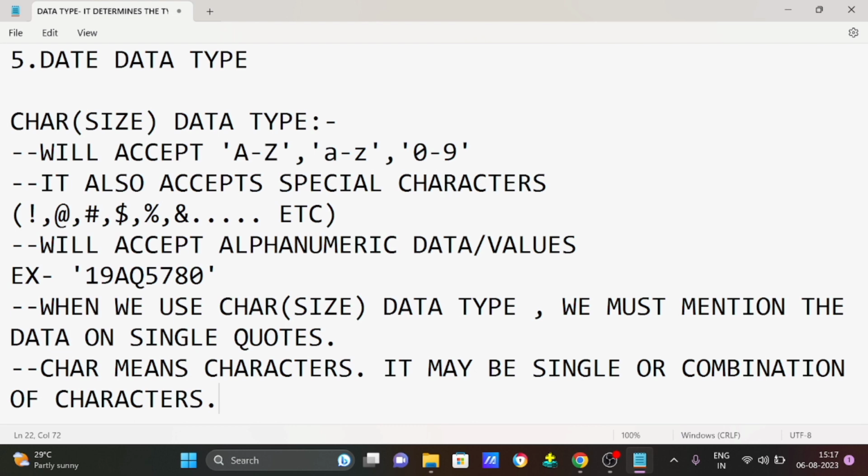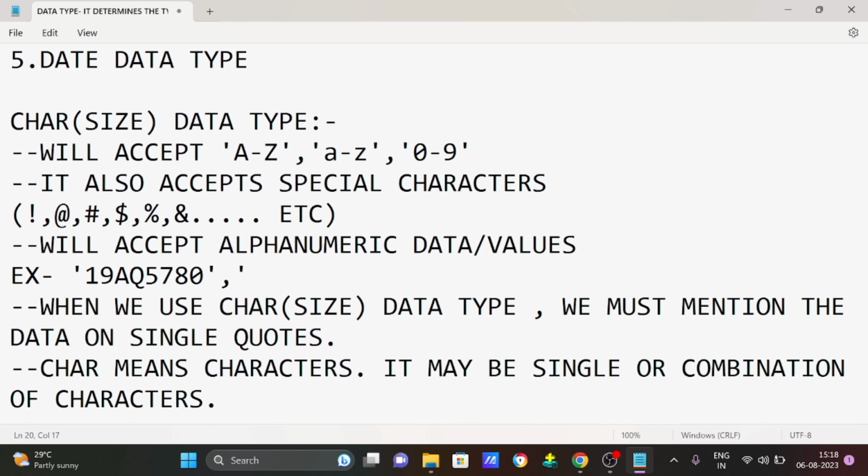It's a shortcut of characters. Now, characters don't only involve single letters or a single value or data. It may be single or it may be a combination of characters. For example, here it is a combination of characters. It has different digits and different alphabets. So here, if we observe, it can be A or B, etc.